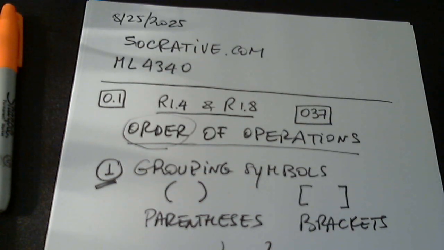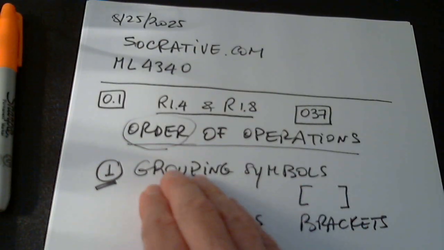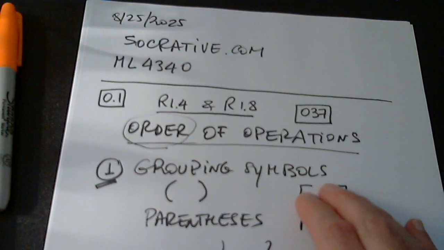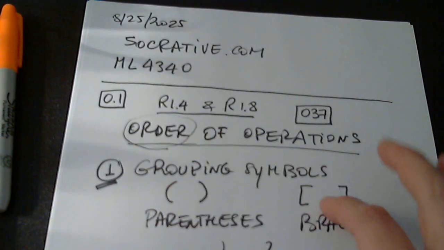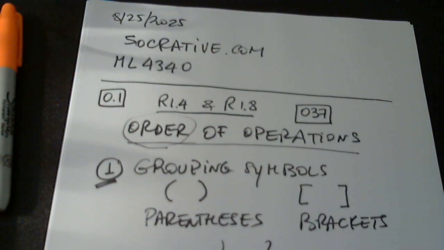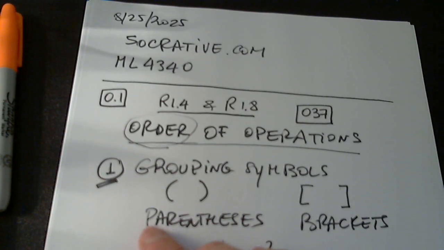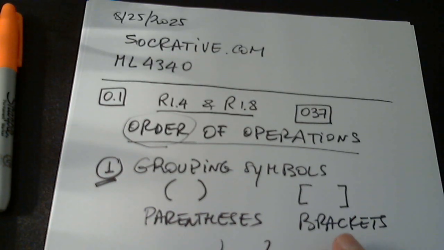So grouping symbols have to be addressed first, and exactly in this order. Parentheses first, then after I'm done with parentheses, I move on to brackets. When I'm done with parentheses and brackets, I move on to braces. We're not going to have it that complicated, so we should expect parentheses and brackets. That should be good enough.